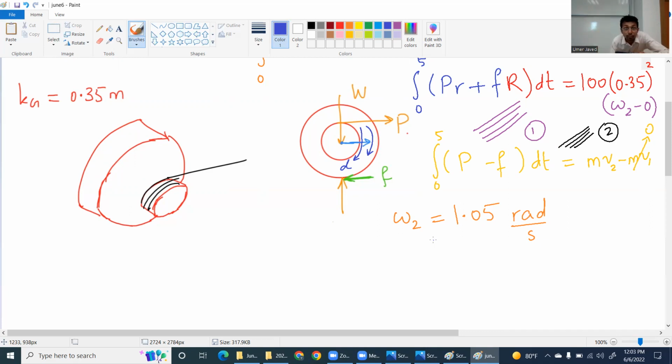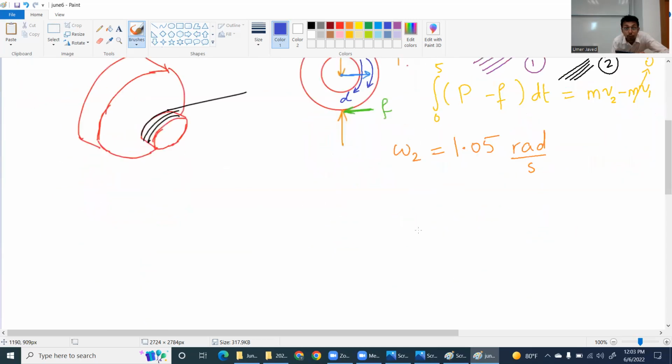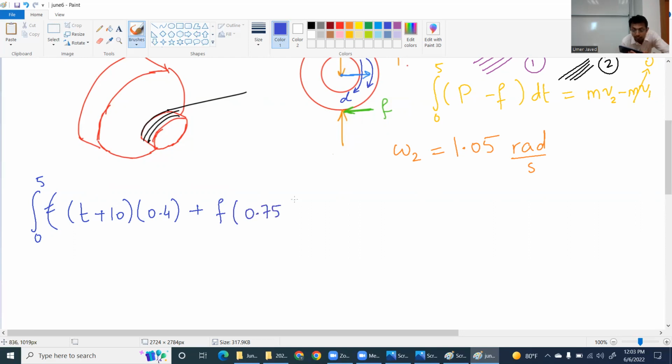Let me just do it for you then, if you are getting different answers than me. So let us go for integral PR plus FR. Now be with me and just tell me whether we are wrong or right. So we have P is equal to t plus 10, and we have (0.4 plus F times 0.75) dt, agreed?